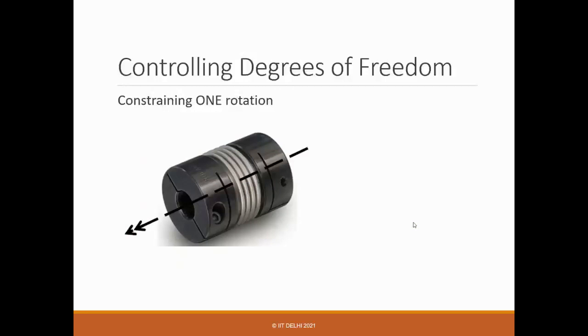You need a rotational constraint so that your ball screw nut can only move in the axis direction, the ball screw direction, and there we used a bellow. So it's a coupling, but it's a bellow. It's stiff in torsion, but in other directions it is compliant.